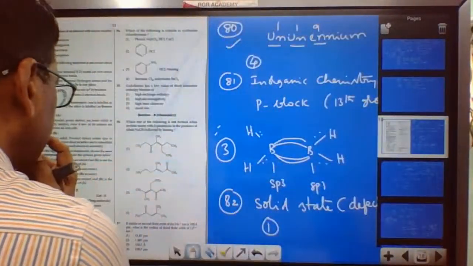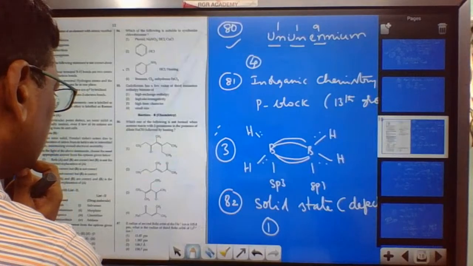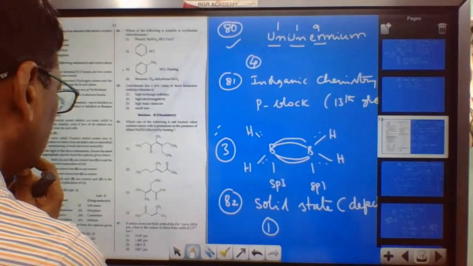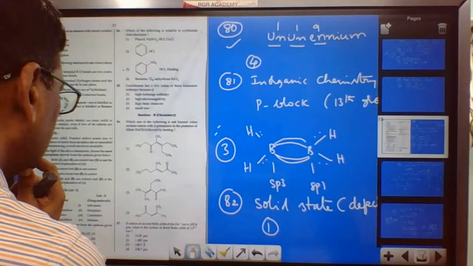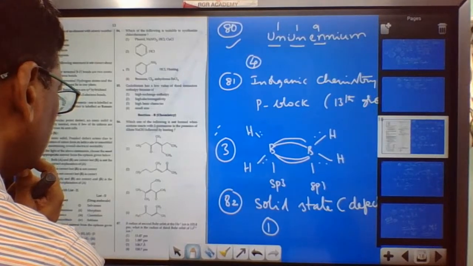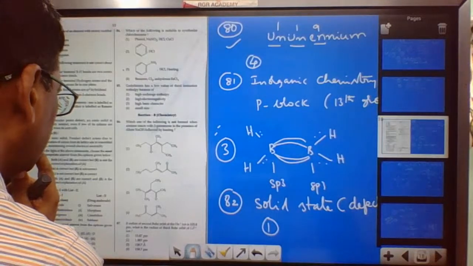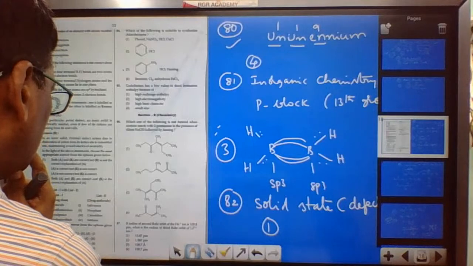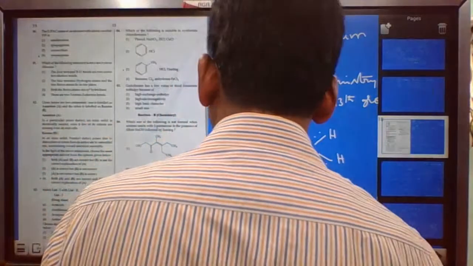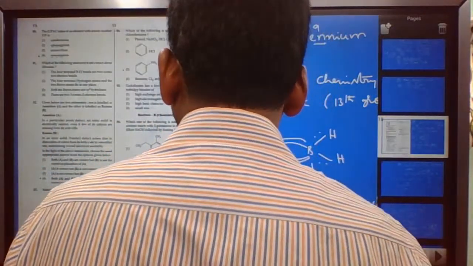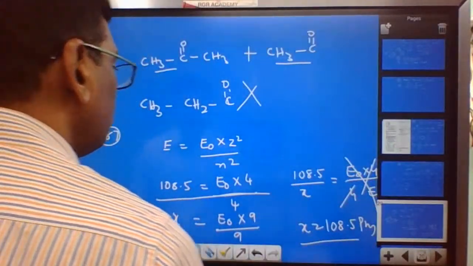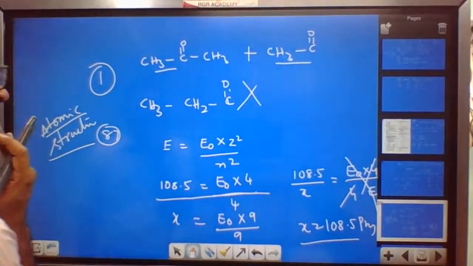Second orbit of the helium. Lithium 2 plus, 158.7 picometer. This is E naught into Z square by N square.